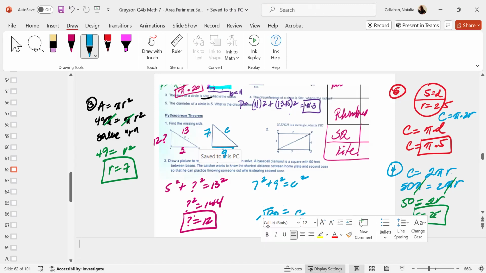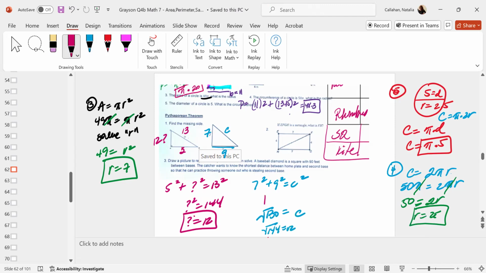That's too big. But you also know that the square root of 121 is 11, right? So 130 is closer to 11 than 144. So I'll just say 11.3. Or you just put square root of 130. Okay?